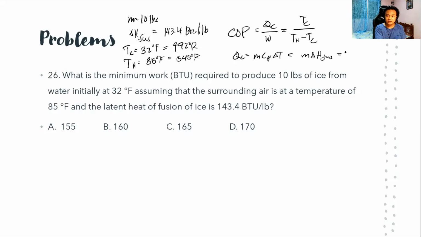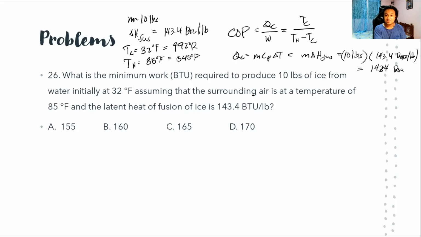So we have 10 pounds times the 143.4 BTU per lb. This is equal to 1,434 BTU.